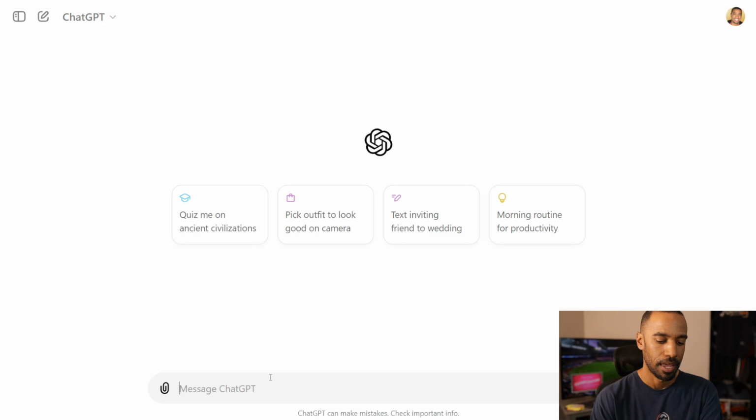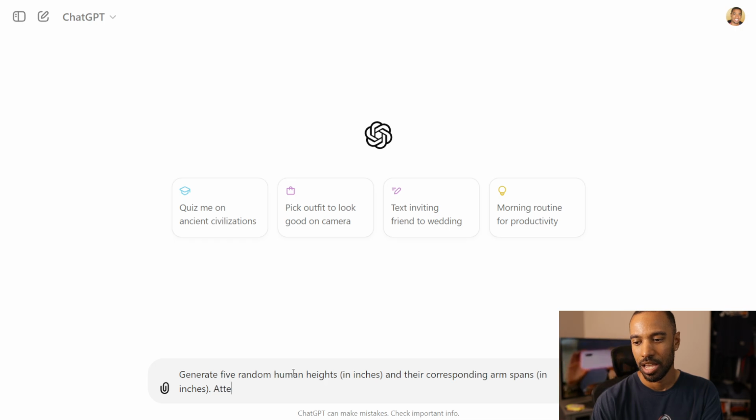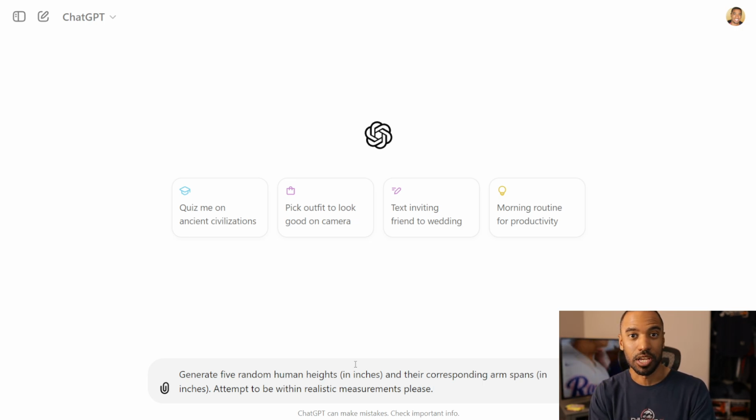So I'm going to ask it, generate 5 random human heights in inches and their corresponding arm spans in inches. Attempt to be within realistic measurements, please. All right, let's see what it does.